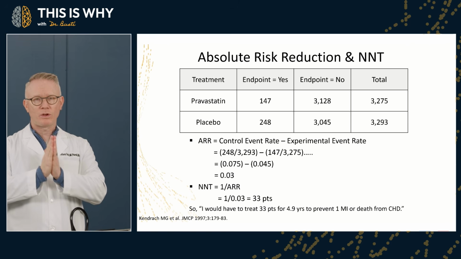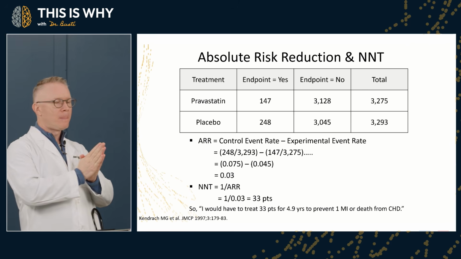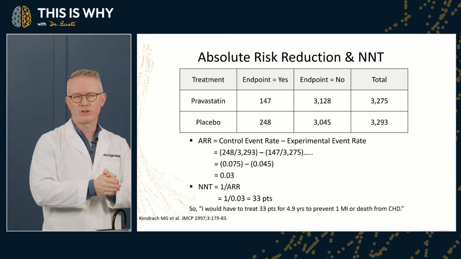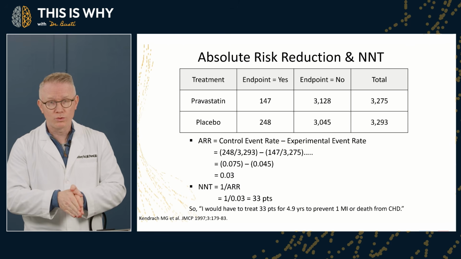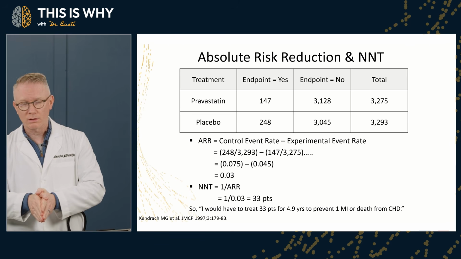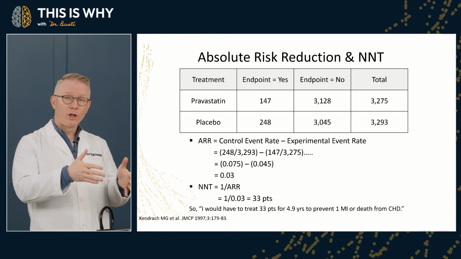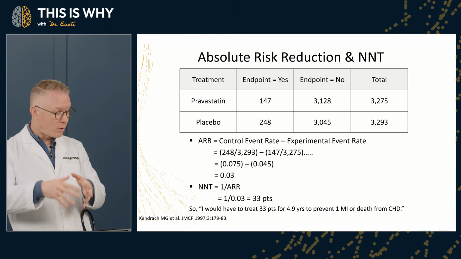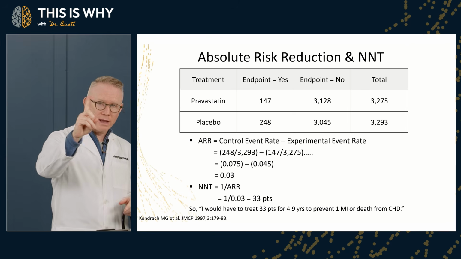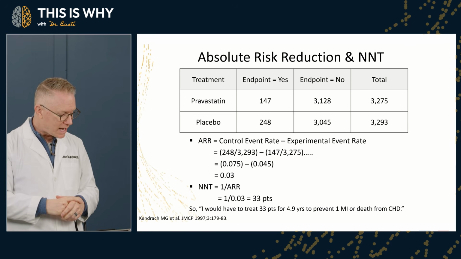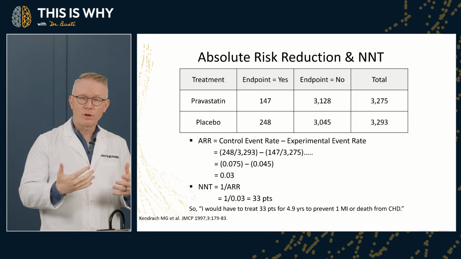Now remember, guys, when you do a number needed to treat, and I'm going to talk about this again later, there's context about a number needed to treat. It's the way the study was done, what was used, for how long. So if you said to a patient, I would have to treat 33 patients for 4.9 years, because that's how long the study was, to prevent 1 MI or death from coronary heart disease, that's how you interpret it.